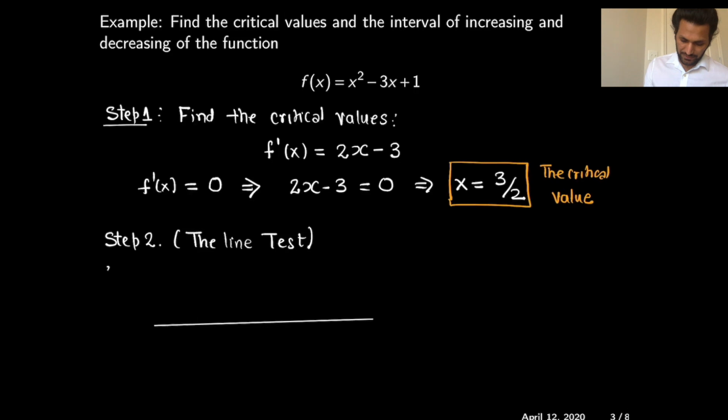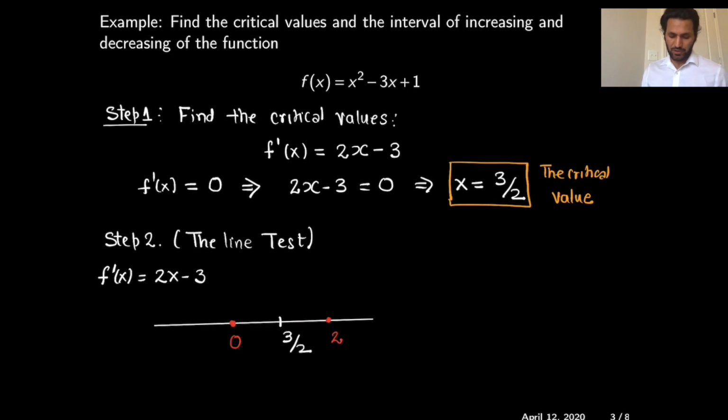The derivative of the function, I will write it here, is equal to 2x minus 3, and the critical value is 3/2. So we will choose one point on the left of this critical value, and I can choose any point; I will choose 0. And I will pick one point on the right side of the critical value, which I can choose as 2.